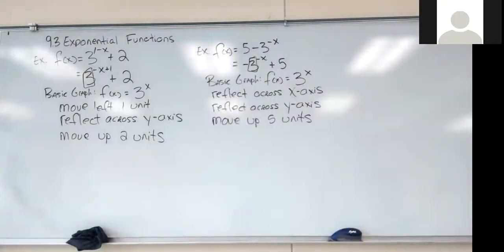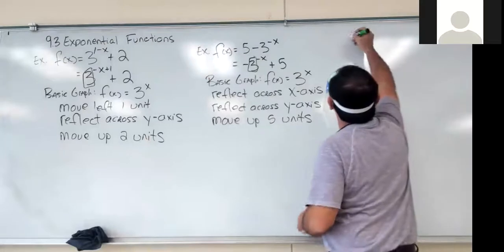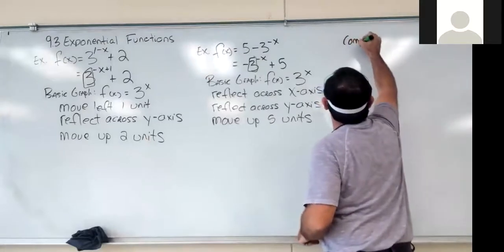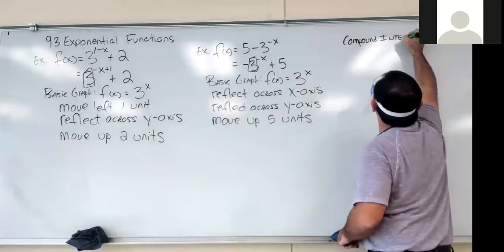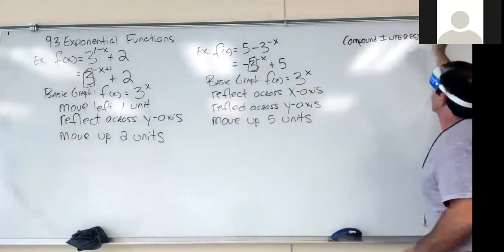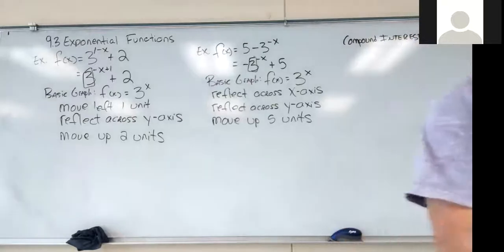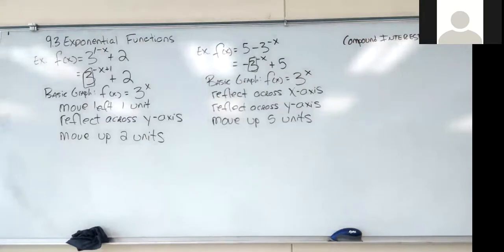So to finish this off, we've got a little exponential formula for y'all. And this is compound interest. So y'all have seen simple interest. Simple interest would be like the bank charging a 5% interest a year, so once a year they figure out what 5% is and add it.